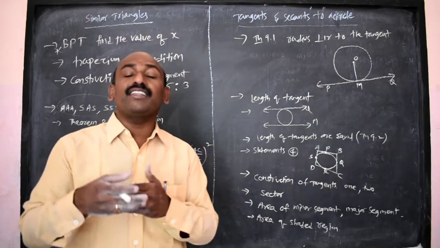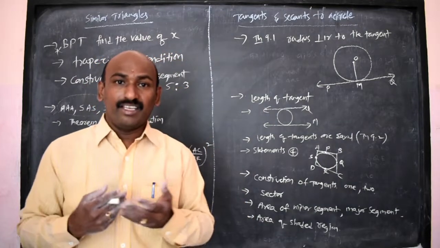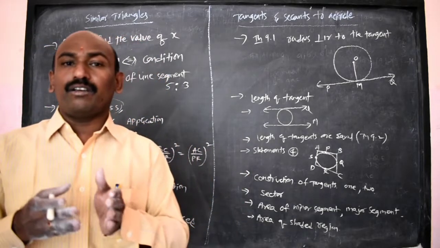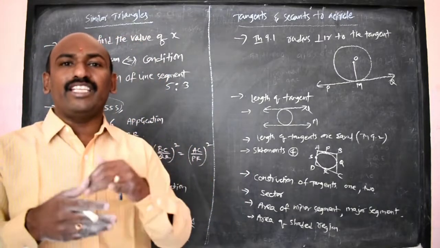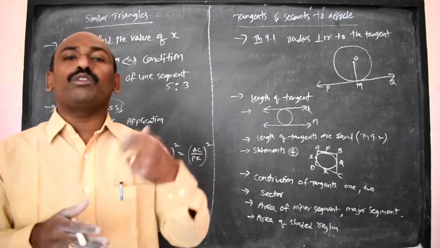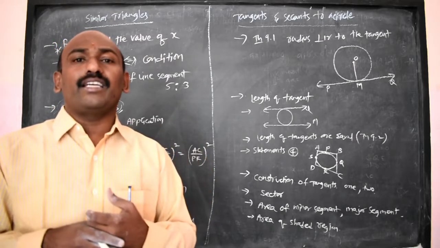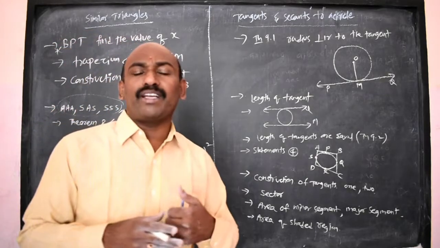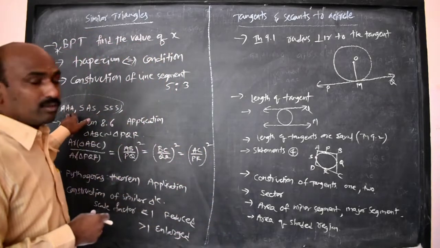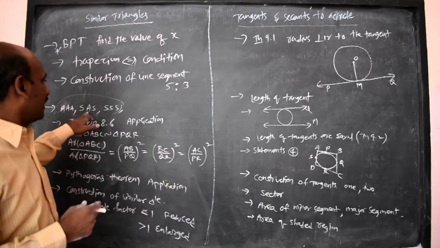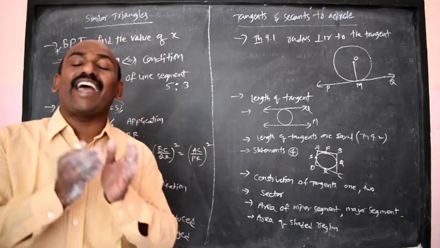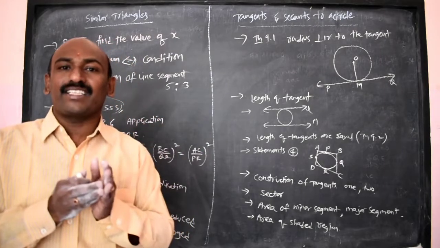Similar means both are in the same ratio. That is the difference. In the same way, for similarity we need ratios by using the criteria. If any two angles are equal, we can say both triangles are similar. Why? Because by the angle sum property the third angle is also equal in the two corresponding triangles. In that way, the second exercise, based on identification of angles, lets us prove those conditions.